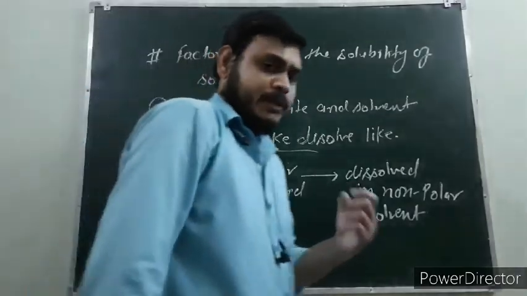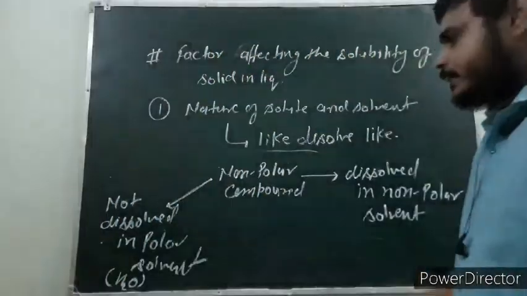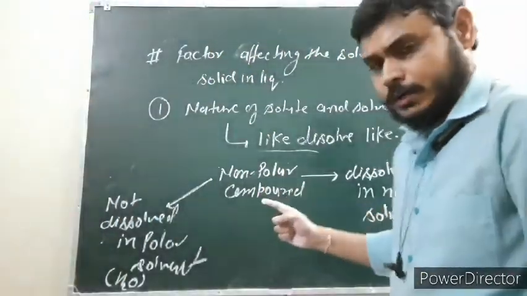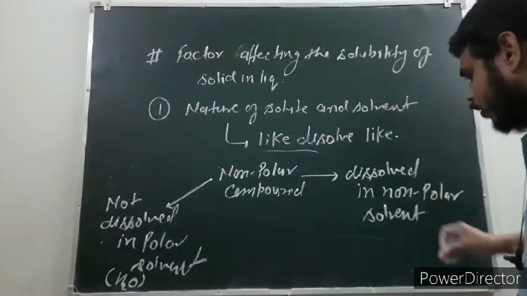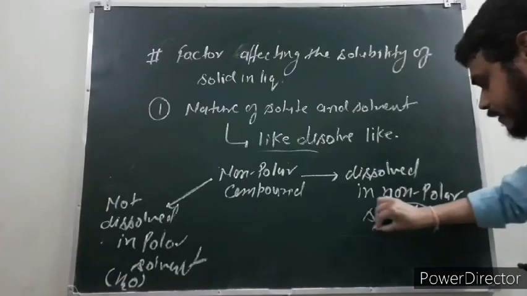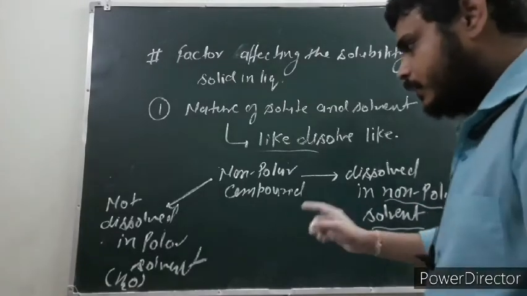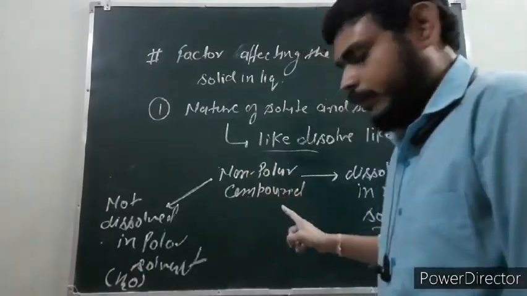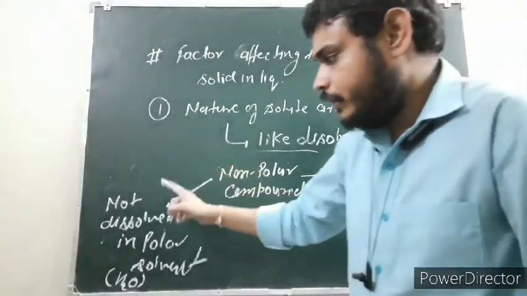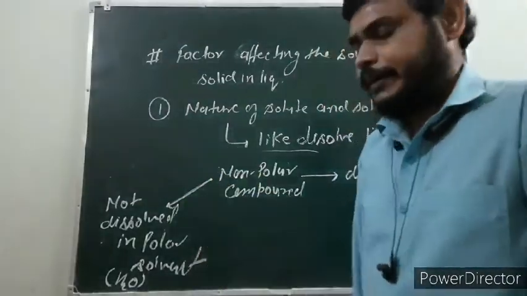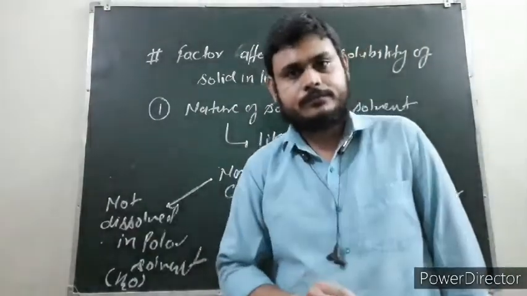Naphthalene is the example of non-polar compound which is dissolved only in non-polar solvent like benzene. Clear? Non-polar compound like naphthalene is not dissolved in polar solvent like water. Clear?